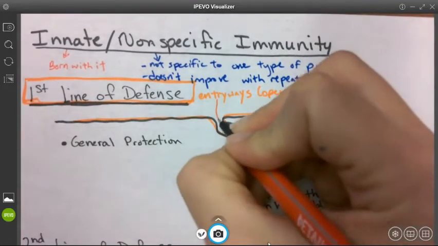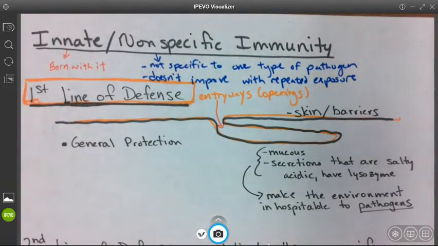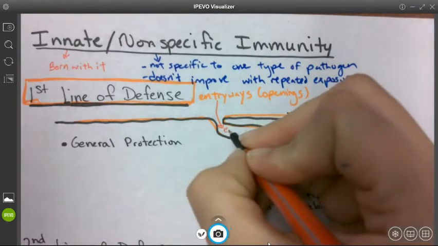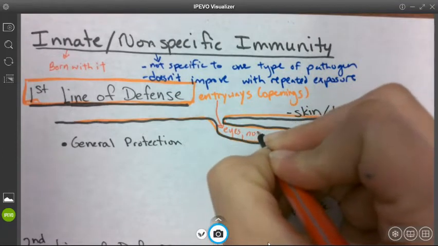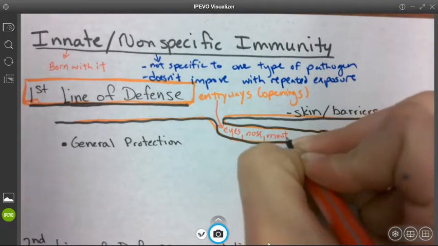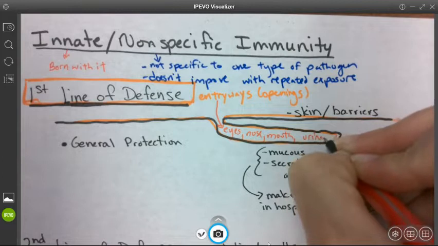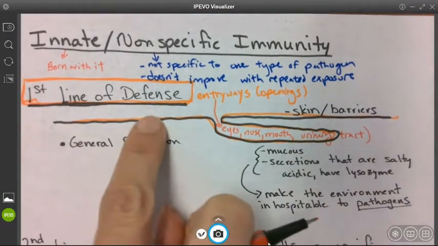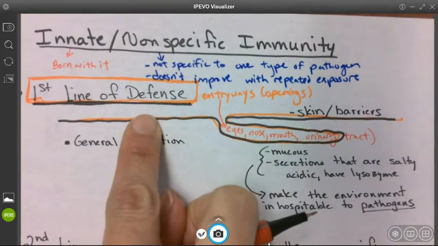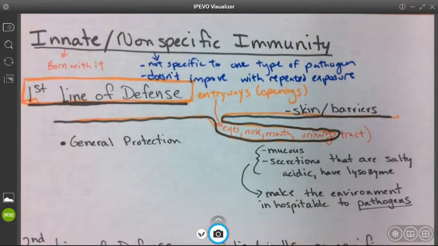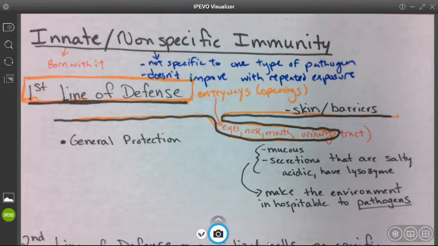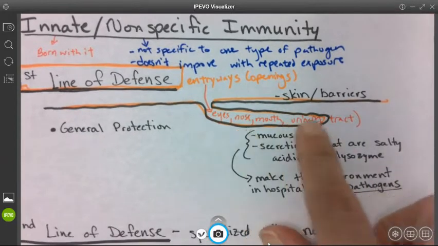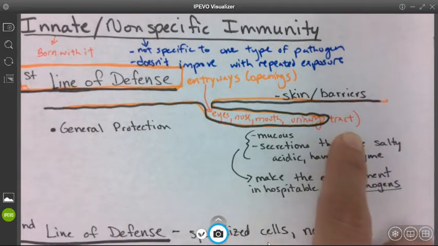When I'm talking about entryways, I'm talking about your nose, your eyes, your mouth, your urinary tract. These are entryways in your body, and they're not openings like cuts in your skin where pathogens could get in, but they are openings to your body. And so there's ways we protect ourselves from infection in these openings.